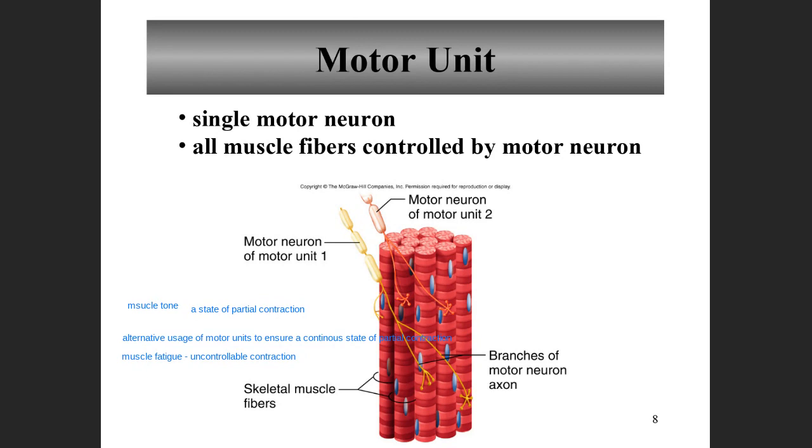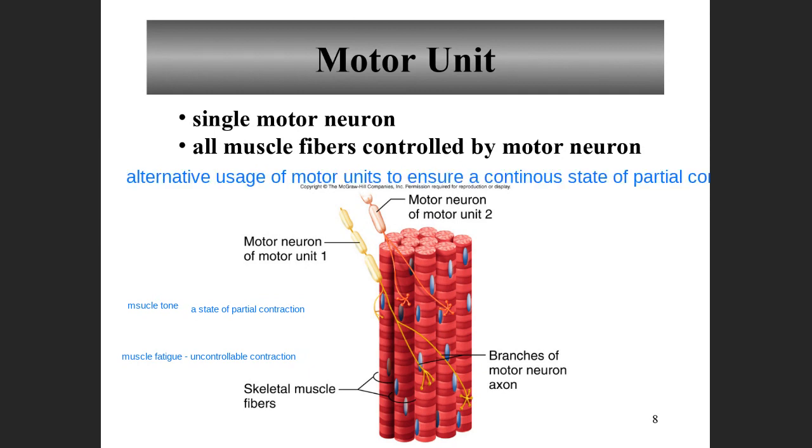So I hope you guys appreciate this idea: the alternative usage means that if you cause motor unit one to contract continuously for 3 hours, these three muscle, right, for 3 hours will undergo fatigue and it's not going to respond anymore.